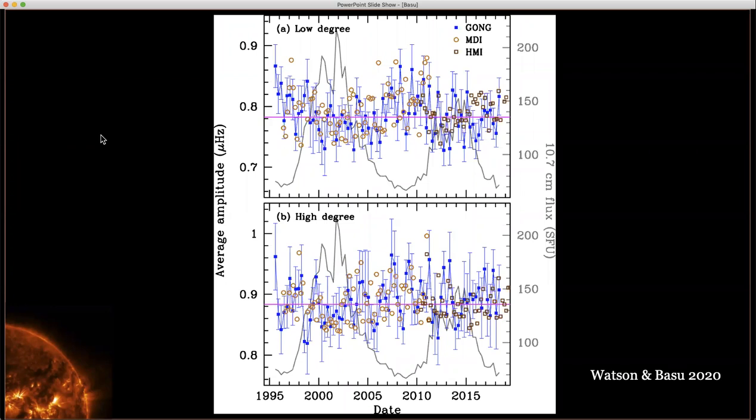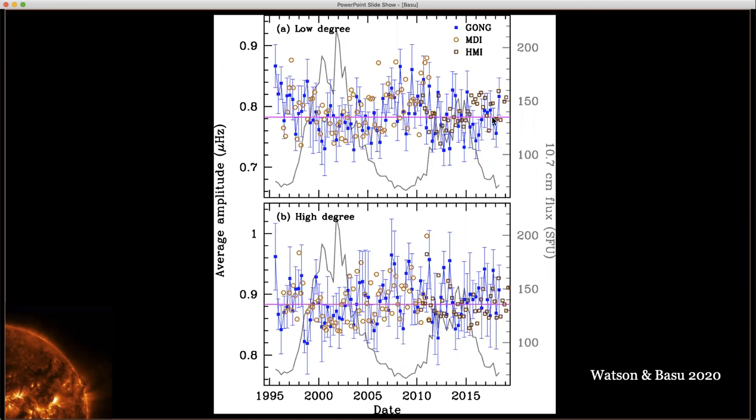So this is what we see. The average amplitude of the signature is on the axis on the left. Time is on the x-axis. The axis on the right is the 10.7 centimeter flux. If we just use modes from L of 5 to 25, we see this change.